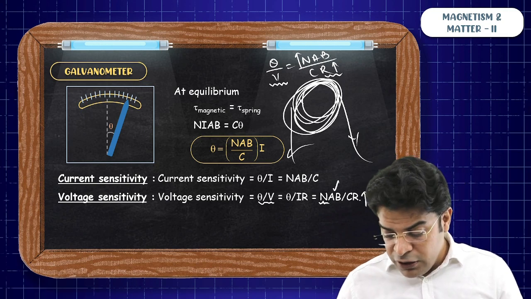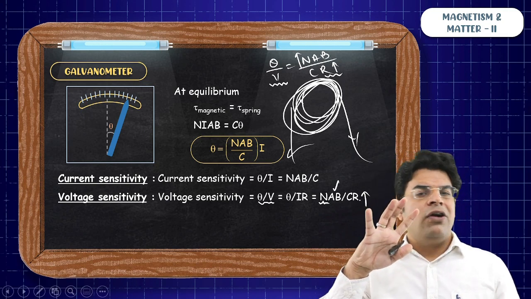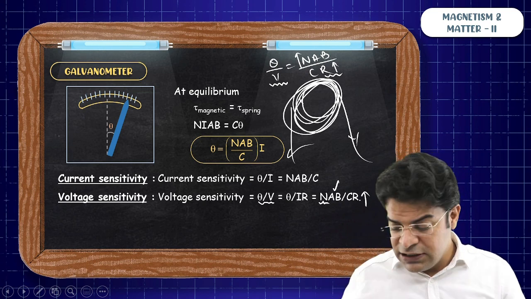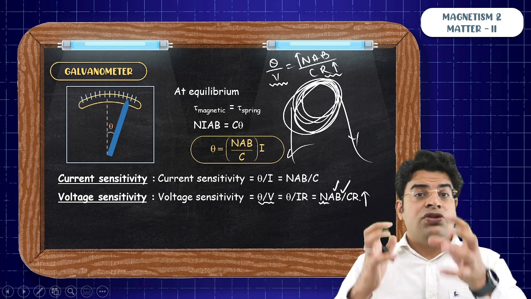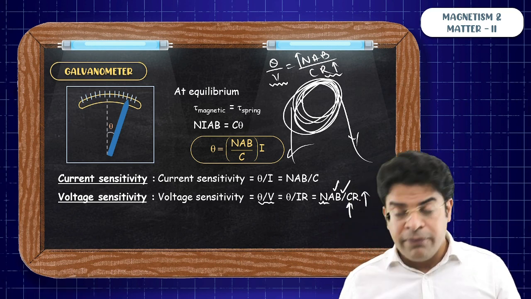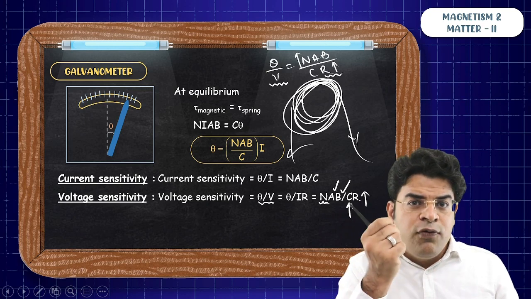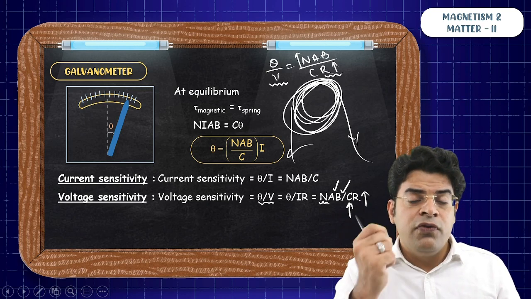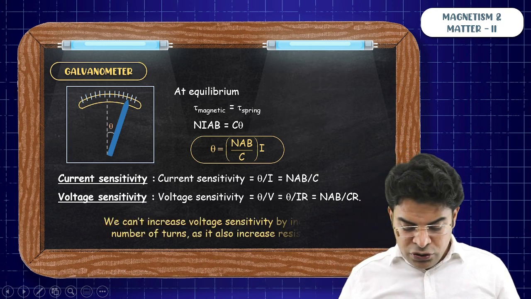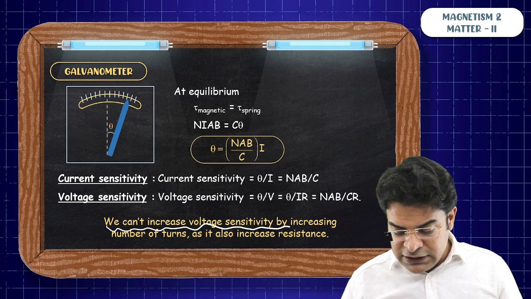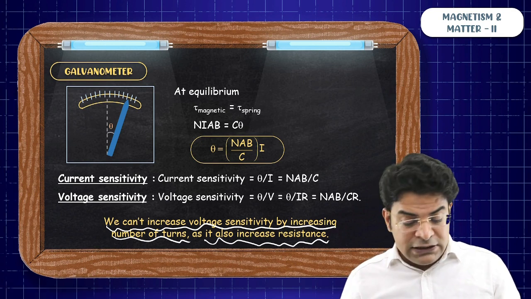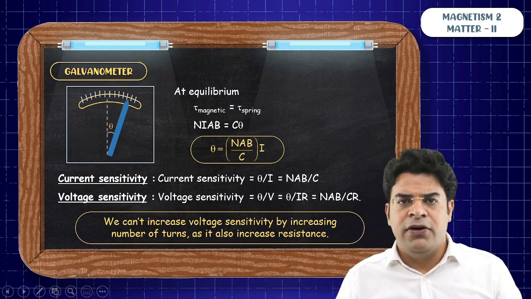No doubt if you increase the area of the coil without changing the resistance somehow, then the voltage sensitivity increases, or if you replace the magnets with stronger magnets, the voltage sensitivity increases, or if you replace the spring with another spring of lower torsional constant, then the voltage sensitivity increases. So you need to remember that we can't increase voltage sensitivity by increasing the number of turns, as it also increases the resistance of the coil by the same factor.